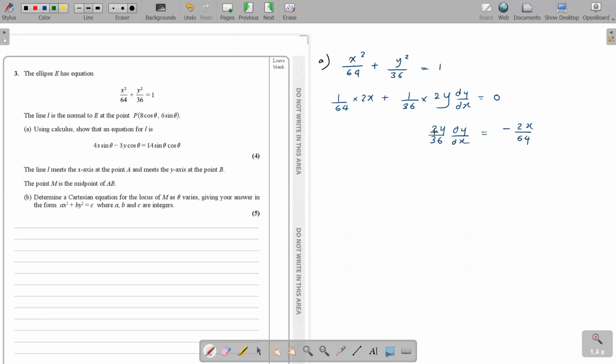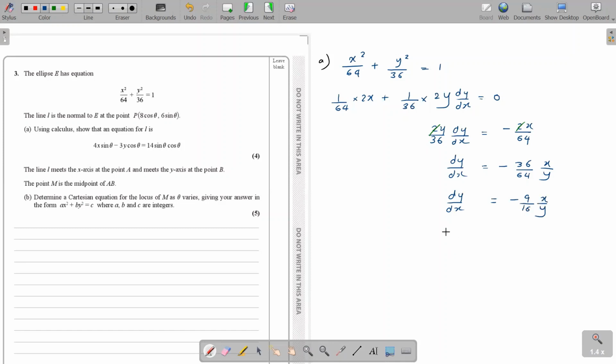I can cancel out 2 here. And what do we get then? Dy by dx equals minus 36 over 64 x over y. Can I know the simplification of minus 36 over 64? Minus 9 over 16 x over y.